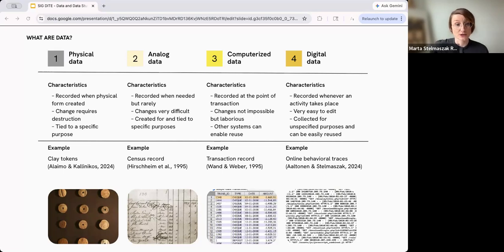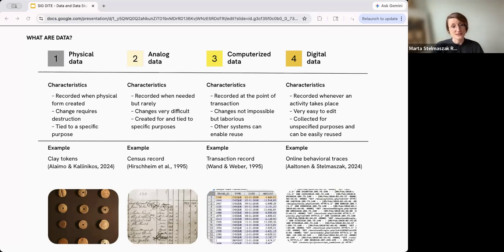Changes are not impossible to these records, but usually laborious, in the sense that you would need to have someone who has the ability to modify databases, know the language that's required to, for example, change the fields and change the database schema.